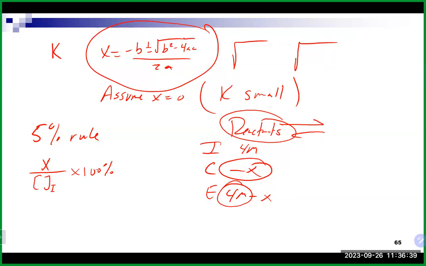You can definitely still use the quadratic and it should get you pretty much the same number. You could just roll through it, but the assumption can save you some time, especially if you have a small value of k. Technically you don't have to make the assumption. You can just do it like normal.